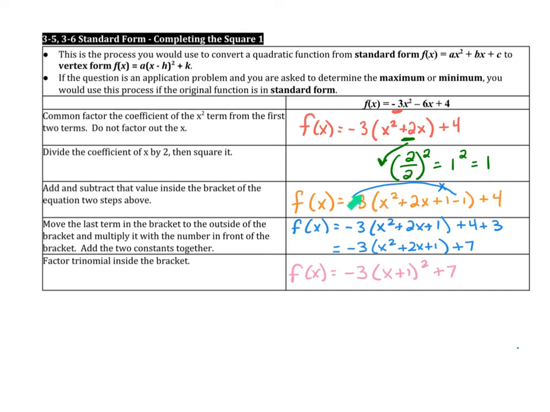Now, the reason why we have to do this part is because we only want a trinomial in here, but this has 4 terms. So we've got to kick this guy out of the bracket. And to kick him out of the bracket, he needs to be multiplied by the -3. Now you may ask, why did we put that -1 in there in the first place? Well, we needed the +1 to be able to get that perfect square trinomial. But you can't just take an equation and add 1.